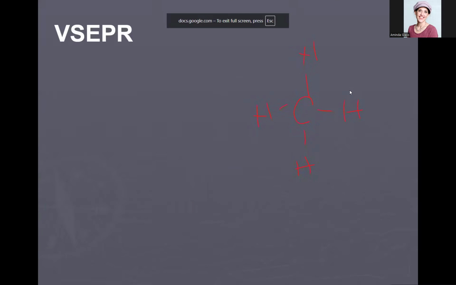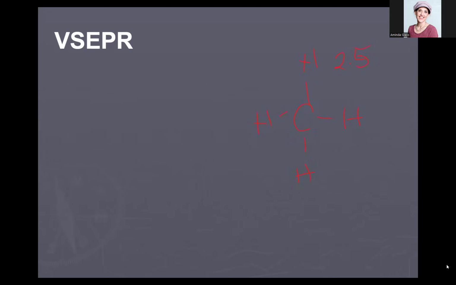And then do our bond electronegativity calculation. So we'd say 2.5 minus 2.1, and that would give us 0.4, which is nonpolar. So this bond is nonpolar, this bond is nonpolar, this bond is nonpolar, and this bond is nonpolar. Because it's symmetrical and all of these bonds are made with the same atom, this is a nonpolar molecule.